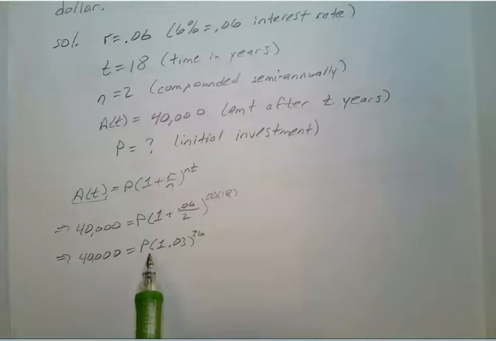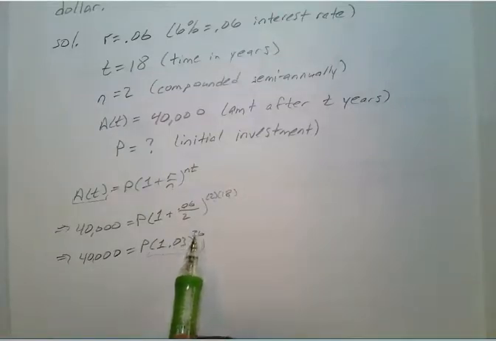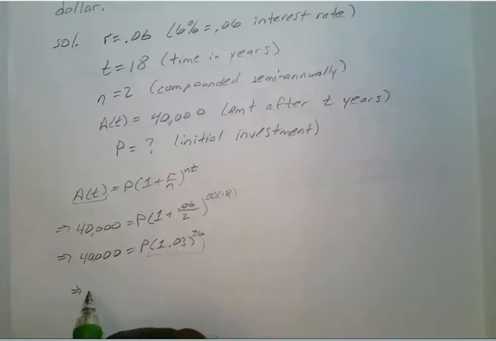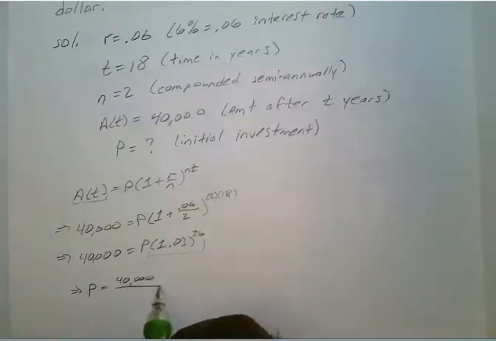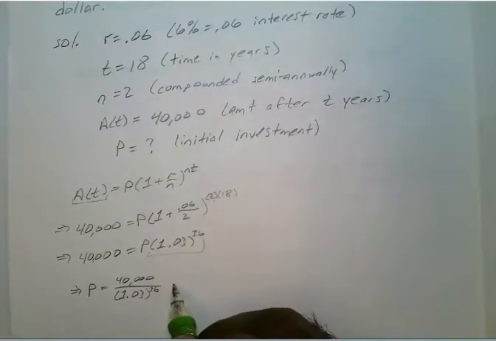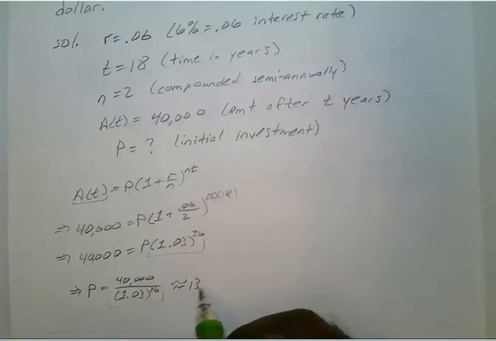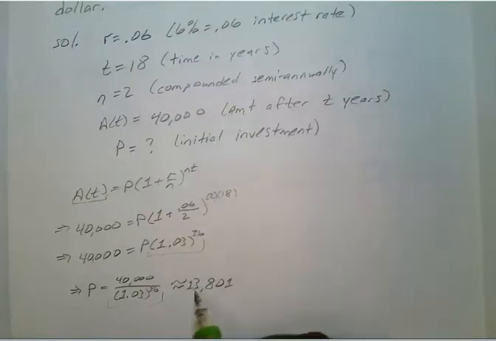Okay, so if we divide both sides by 1.03 to the 36th power, we get P is equal to 40,000 divided by 1.03 to the 36th power, which if you plug all of this into your calculator, you will get about $13,801.